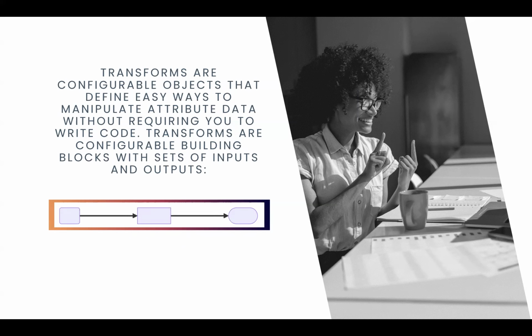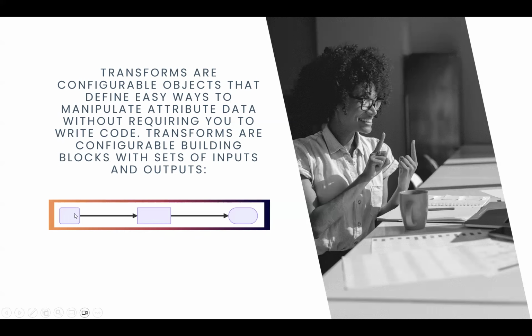Okay, there are other types of transforms also. For example, if you give an attribute as a phone number without any country code, then we can use the E164 transform so that it will automatically append the country code to the phone numbers.